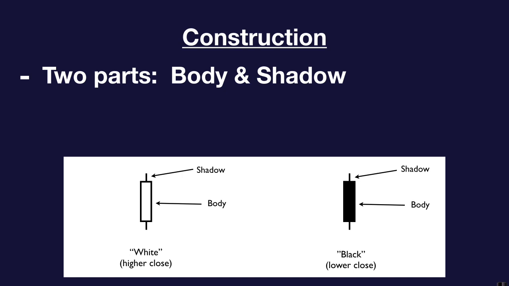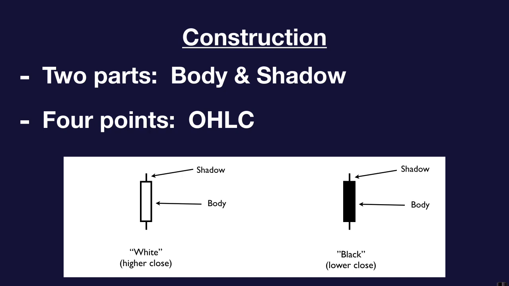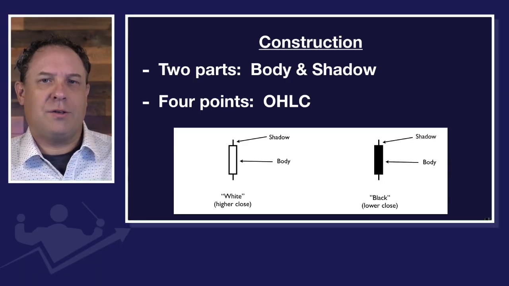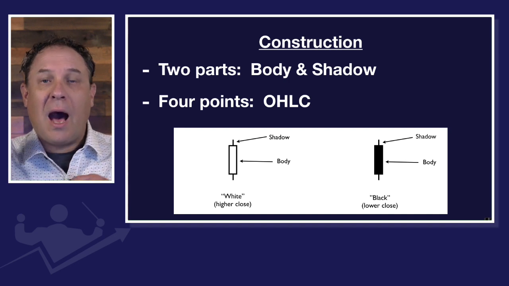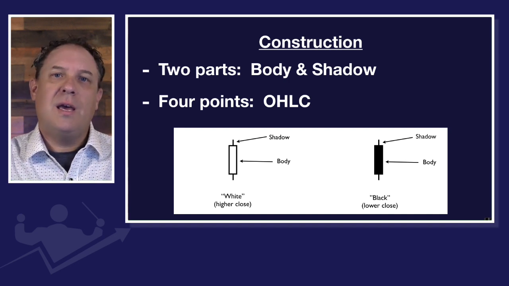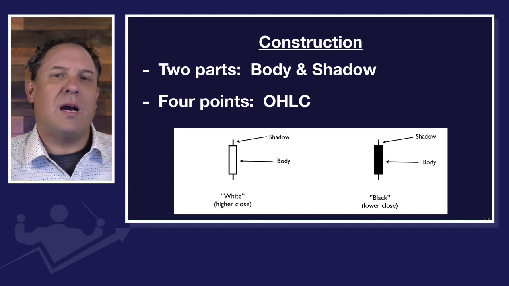The way these are constructed is the upper shadow is going to be drawn to the high price of the day. The lower shadow is going to be drawn to the low price of the day. And then the candle body is going to be the distinction between the open and the close, okay? And the way that candles are drawn, if it's a higher closing price than an opening price, then we draw the candle up and it's not shaded.